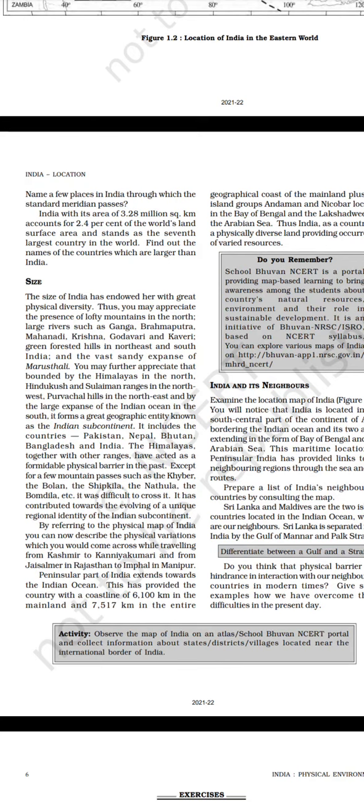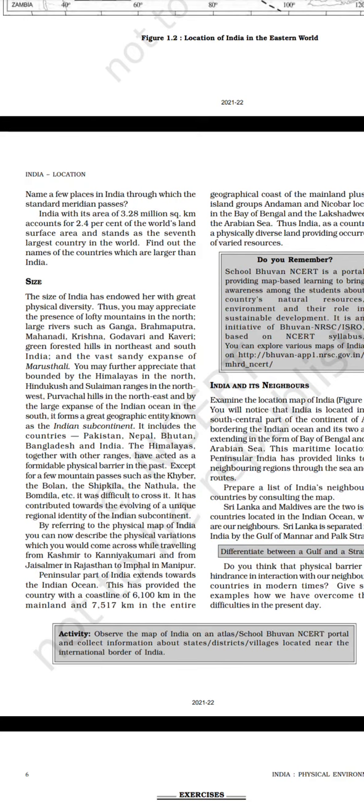Thus, you may appreciate the presence of lofty mountains in the north, large rivers such as Ganga, Brahmaputra, Mahanadi, Krishna, Godavari, and Kaveri, green forested hills in northeast and south India, and the vast sandy expanse of Marusthali.